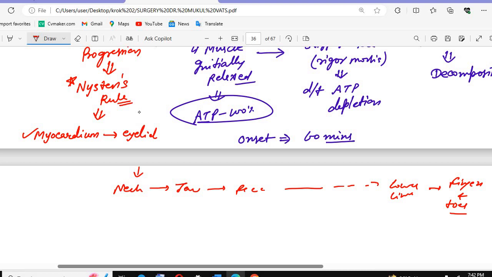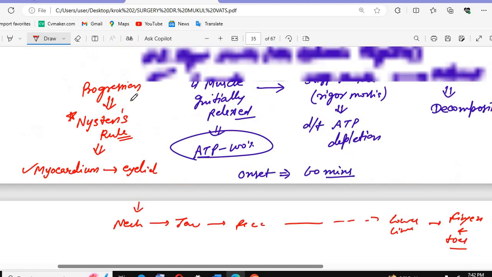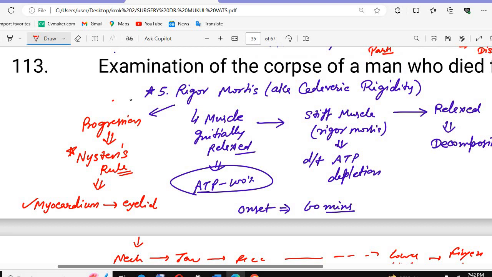That is the sequence of progression of rigor mortis. Its onset is 60 minutes, and it ends around 12 hours. You need to remember that.